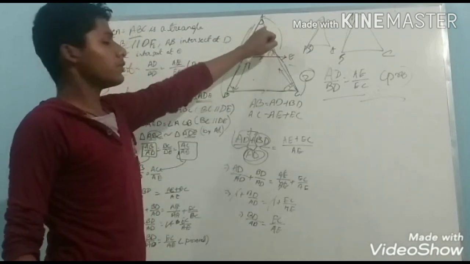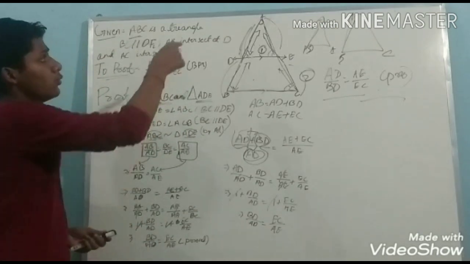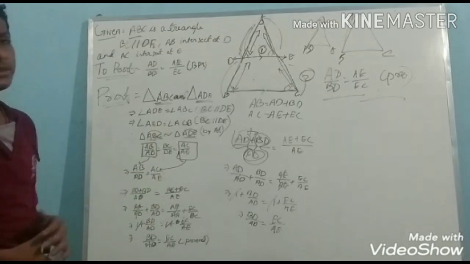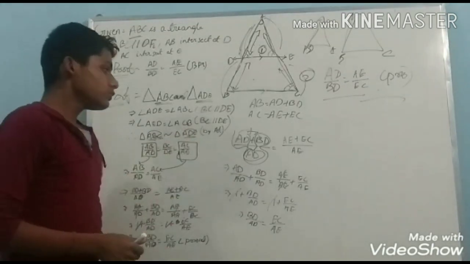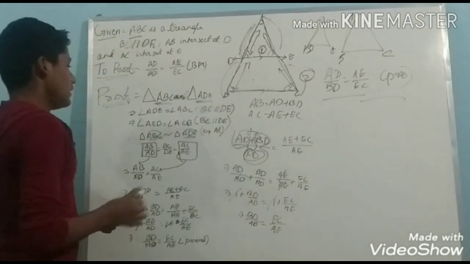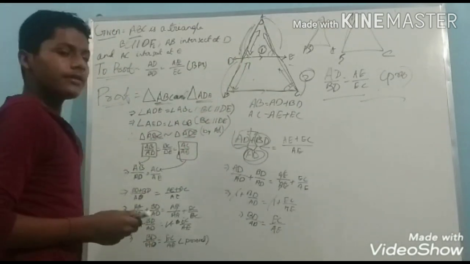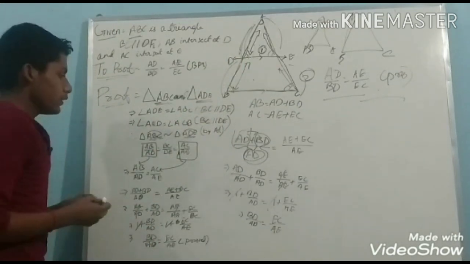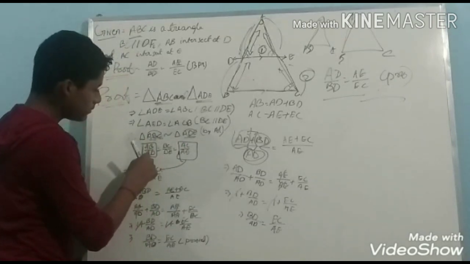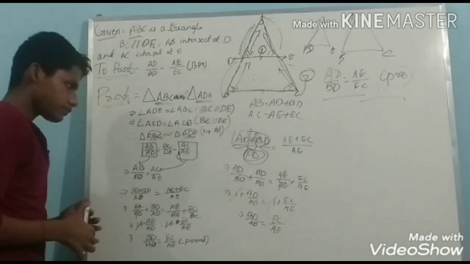We need not write the third angle because with two angles we can prove that these two triangles are similar. Triangle ABC and triangle ADE are both similar triangles. We have proved that they are similar, so the ratios of the sides of those two triangles will also be equal. So AB by AD is equal to BC by DE is equal to AC by AE.